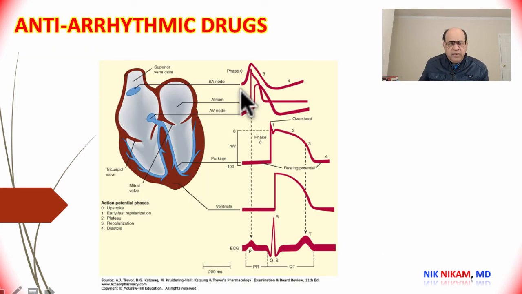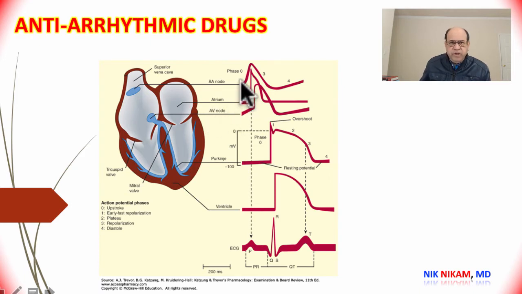Before I go into the actual antiarrhythmic drugs and how they act, I want to spend a couple of more minutes and talk about the pacemaker cells, namely the sinus node, the AV node, and even the bundle branches and the myocardium itself. As you know, the sinus node and the AV node have their own intrinsic rates.